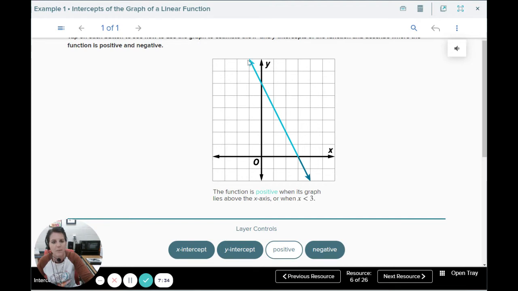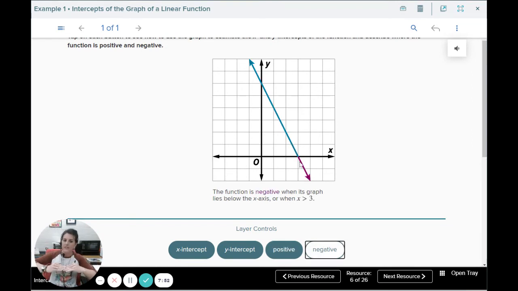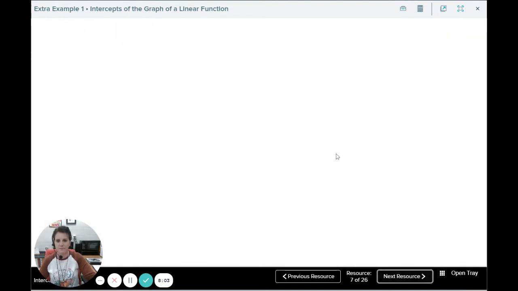It's still way up here in the positive area. So my graph is said to be positive everywhere it's above the x-axis. And so for all values of x that are less than 3, my graph is above the x-axis, and therefore it's positive. Everywhere that it is below the x-axis is where it's said to be a negative function, and we can see that it's below for all the values of x that are greater than 3.